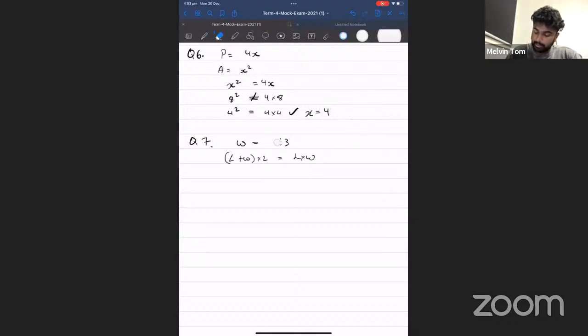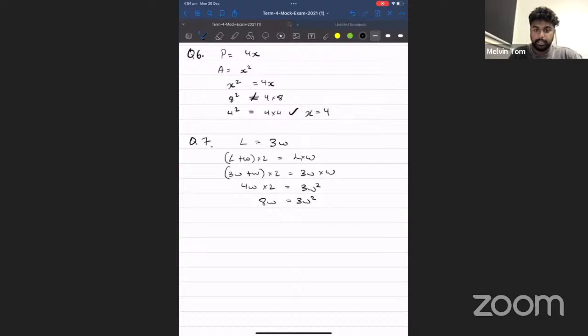I'm going to call length equal to 3 times W. So length is going to be 3W plus W times 2, and then we're going to have 3W times W. So 3W plus W is equal to 4W, times 2 is 8W, which is equal to 3W squared.